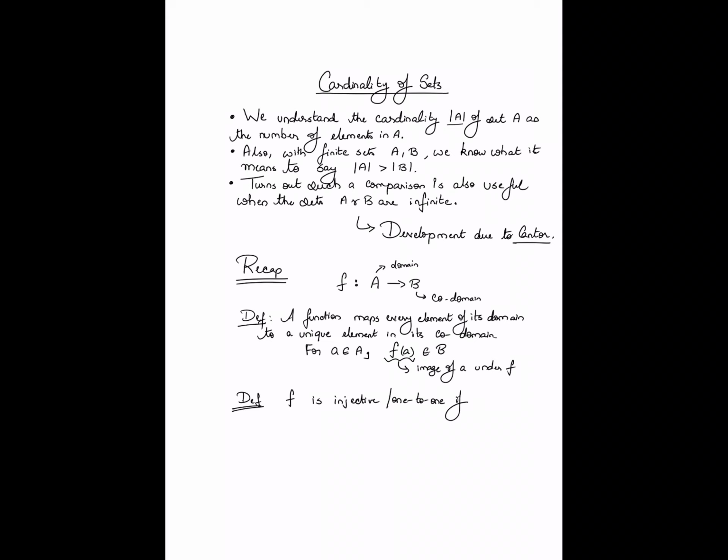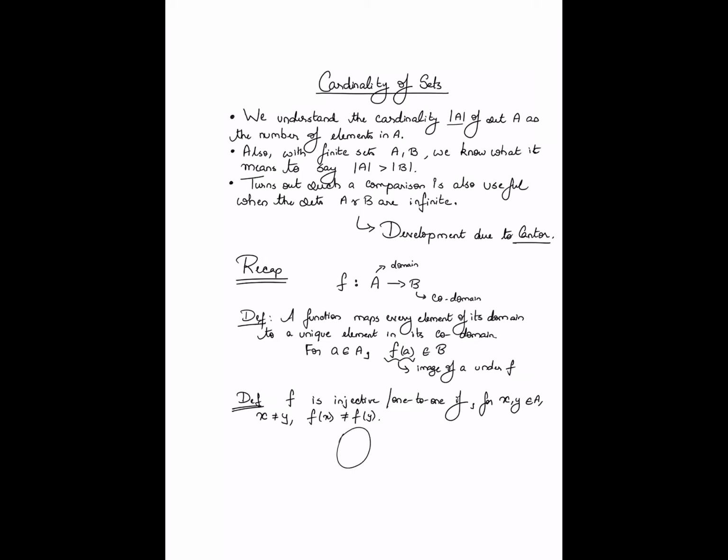Intuitively, a function is injective if no two elements of the domain map to the same element of the codomain. That is, for x, y in A, if x is not equal to y, then f of x is not equal to f of y. So for any two distinct elements of the domain, their images should be distinct as well.